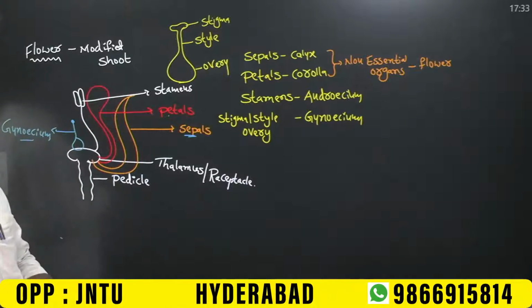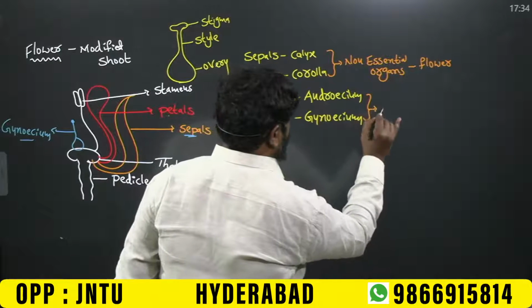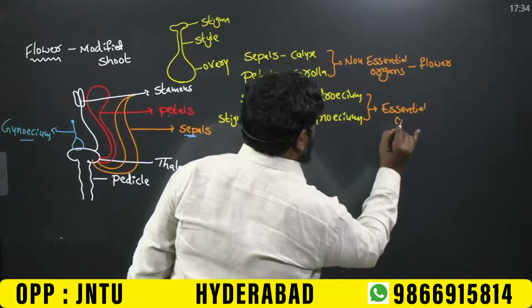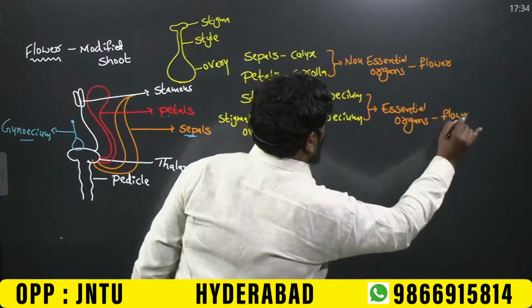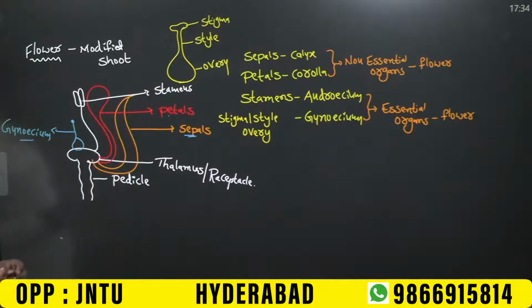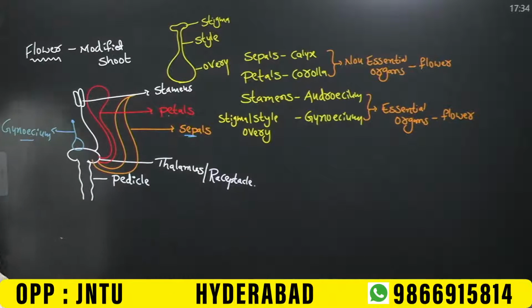Calyx and corolla, meaning sepals and petals, are collectively called non-essential organs of the flower, whereas androecium and gynoecium are collectively called essential organs of the flower.